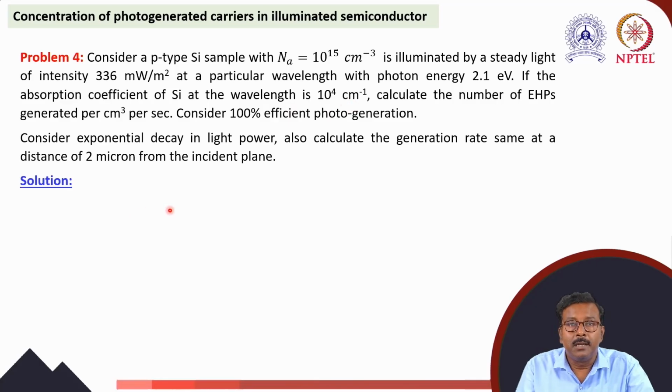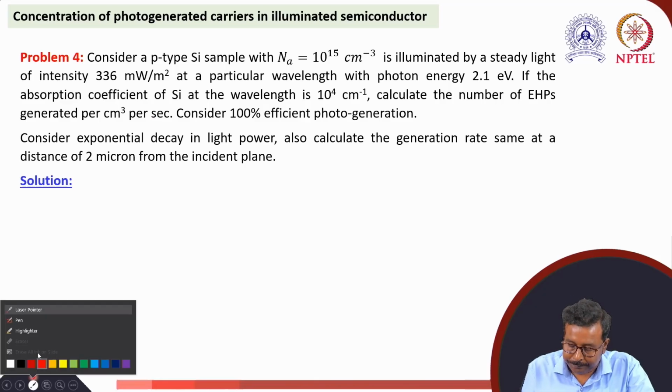We have discussed in the last class that the generation rate, that is the number of electron hole pairs generated per second per volume, is related to the intensity and absorption coefficient alpha. So let us start with that. First of all, let us calculate the number of photons incident per area and then we will proceed.